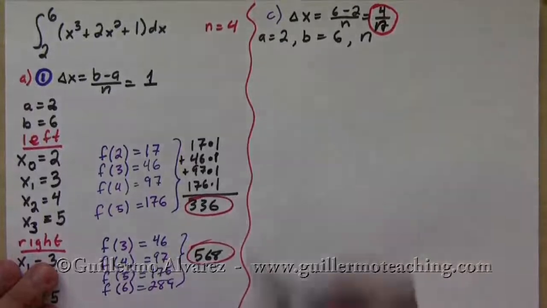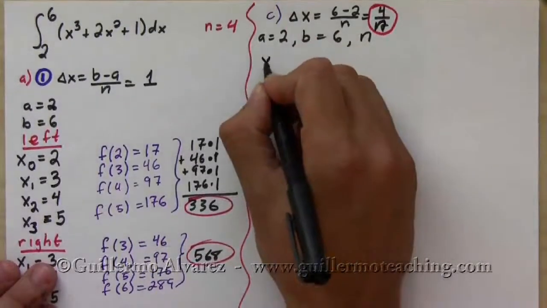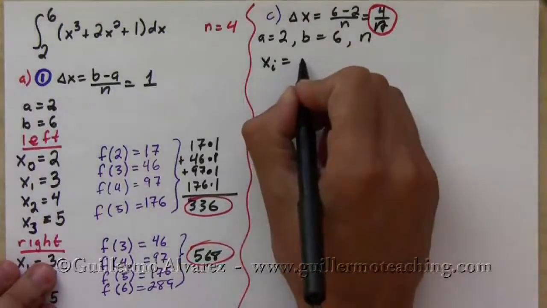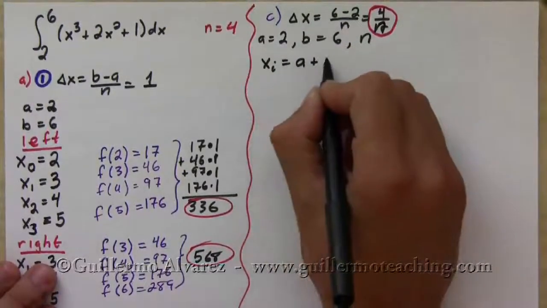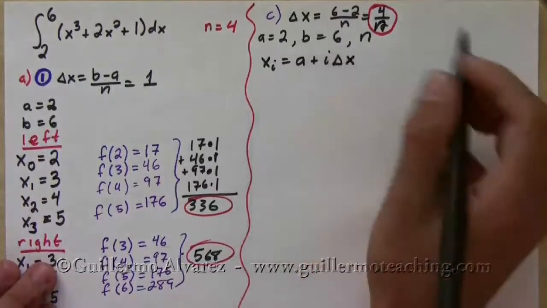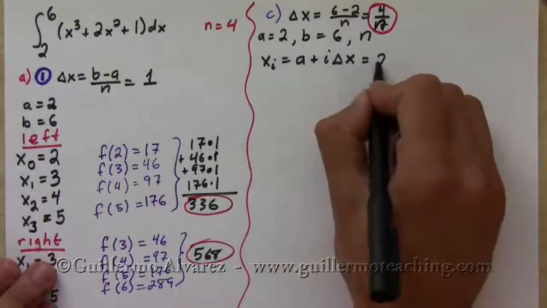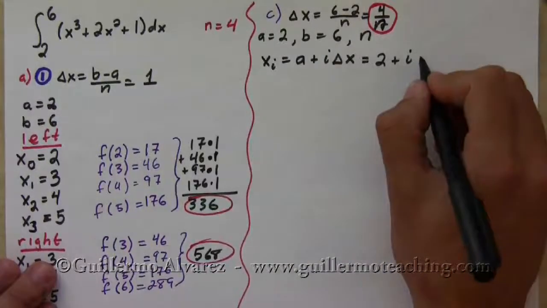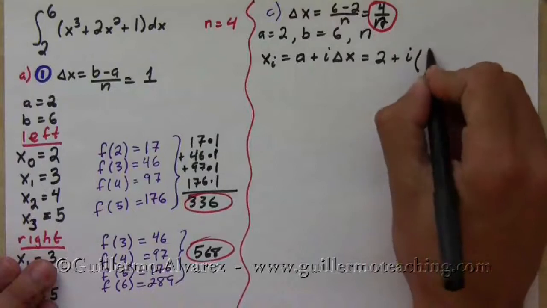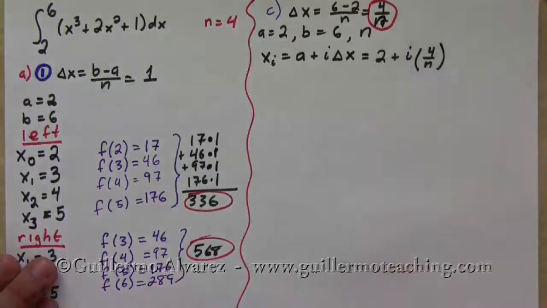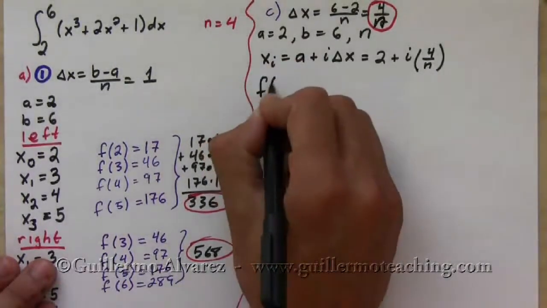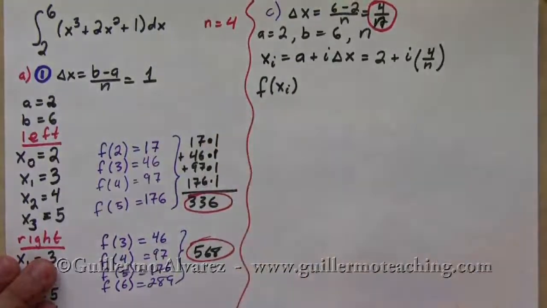Then this part is also very, very important, I need to find an expression for x sub i. Now, x sub i, remember, is a plus i times delta x. Well, I know a is 2 plus i times delta x, which is 4 over n. Okay, and then I need to also find f of x sub i.